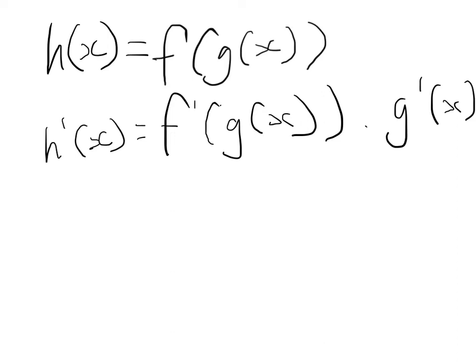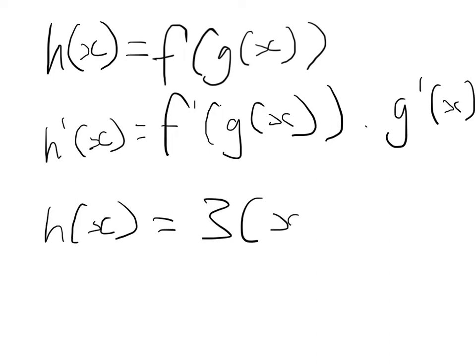All right. So what does that mean? Well, let's say we had an equation like this. Let's say we had h of x equals 3x squared minus 2 cubed. Right, now we could solve this by breaking it down into parts and multiplying it out and expanding it, and it would take a long time and it would be a bit of a pain.